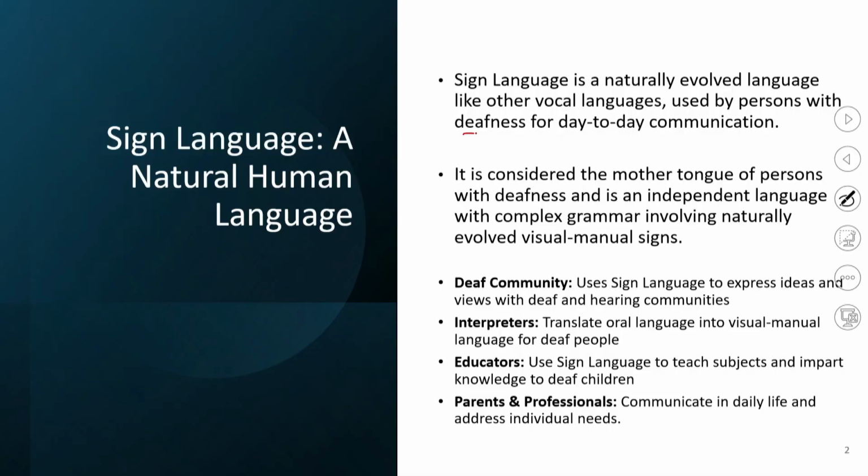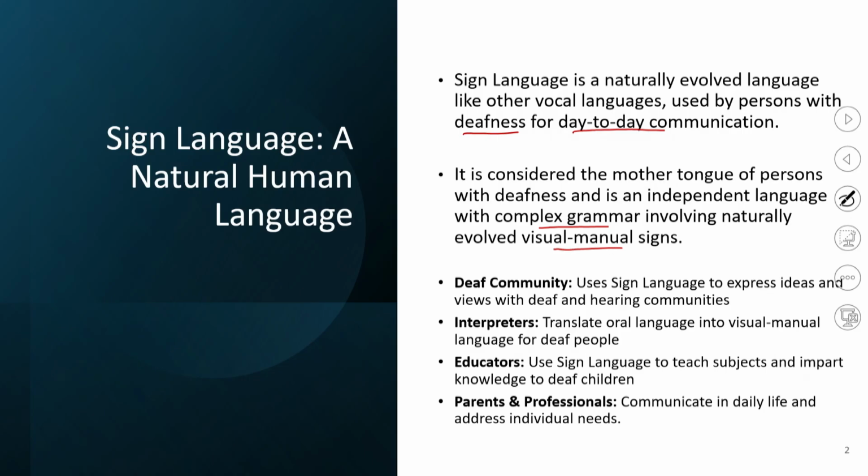So, our primary difference from the vocal language is that the users of this language are a separate group who are typically deaf. Now, this is considered the mother tongue of persons with deafness and is an independent language with complex grammar involving naturally evolved visual manual signs.